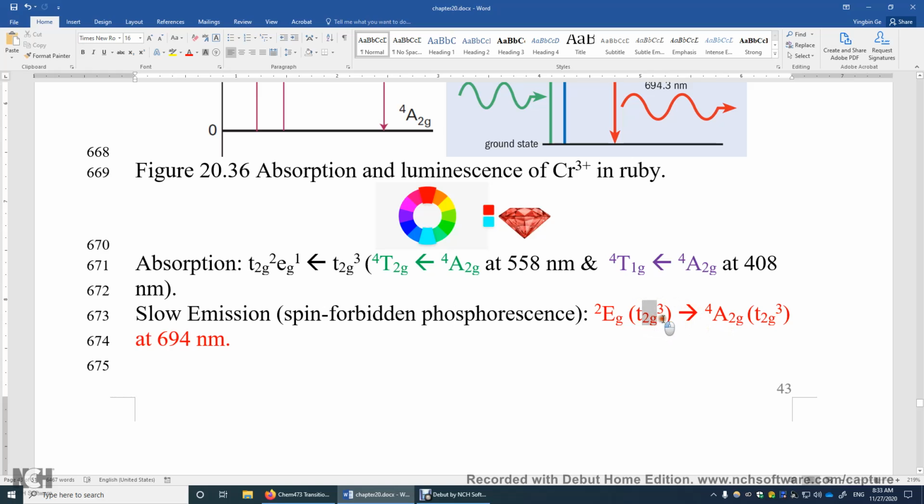Over here, this is the electron configuration. They look the same, but over here you have alpha, alpha, alpha, and over here you have alpha, alpha, beta, or alpha, beta, alpha, or beta, alpha, alpha in the dxy, dyz, dzx orbitals. This transition emits a red photon at 694 nanometers.